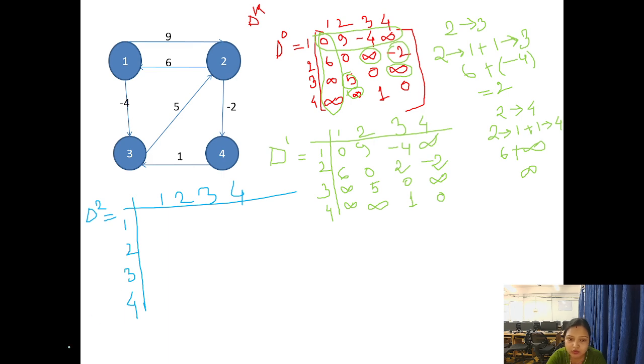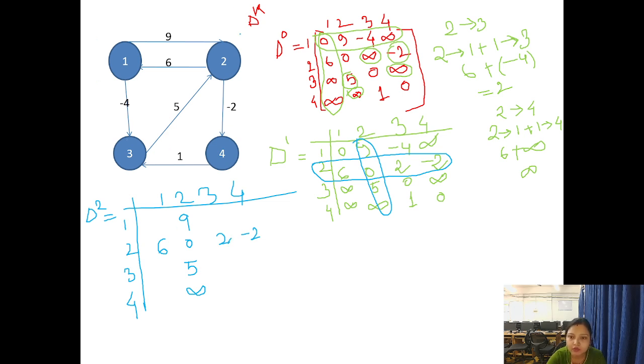Okay, so to make D2 we have to keep column 2 and row 2 as it is. Okay, it will be intact. So 9, 0, 5 and infinity, and 6, 2, minus 2.